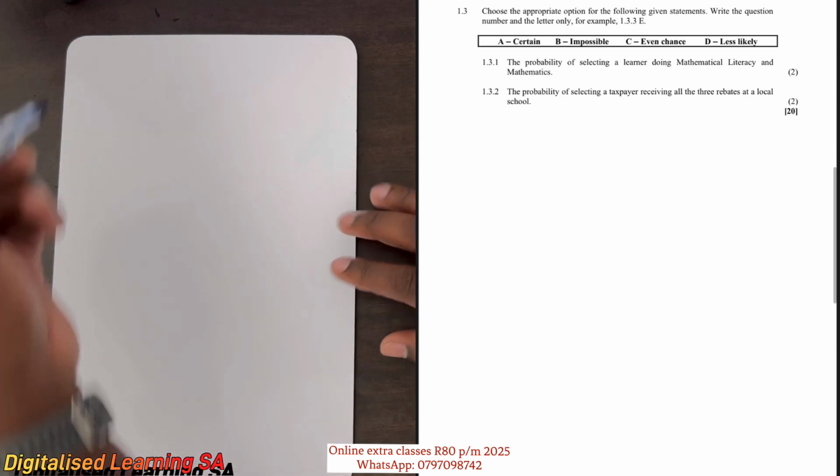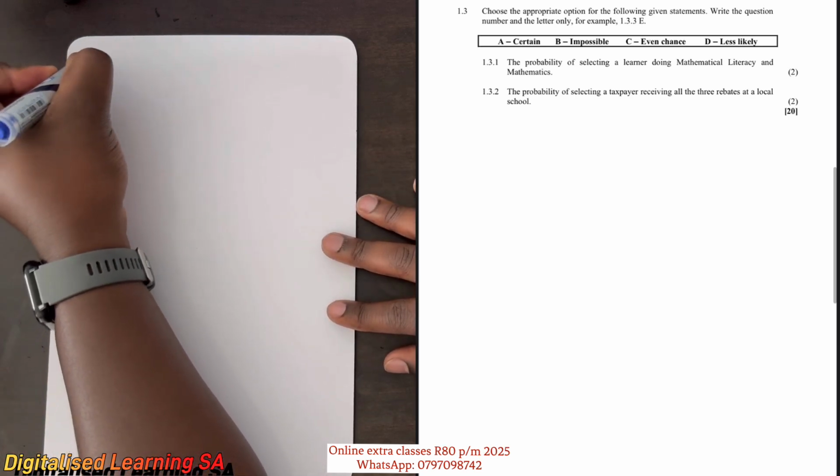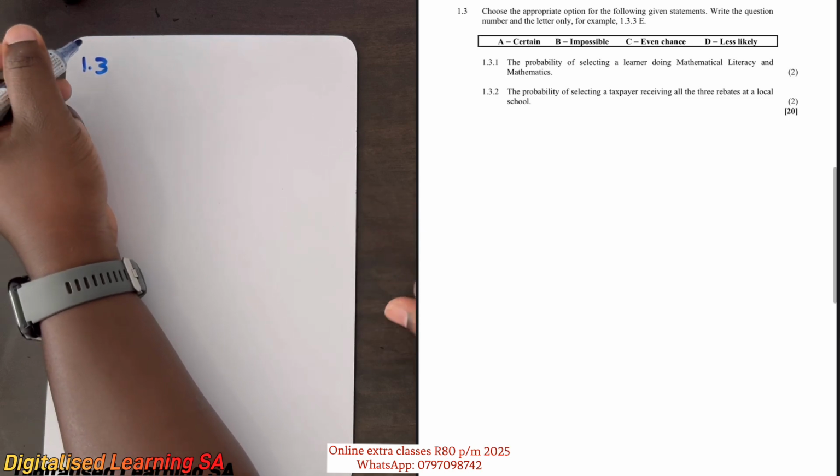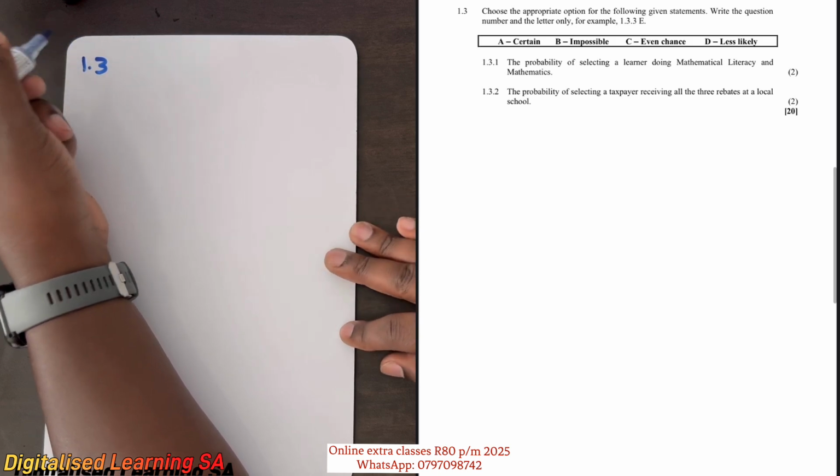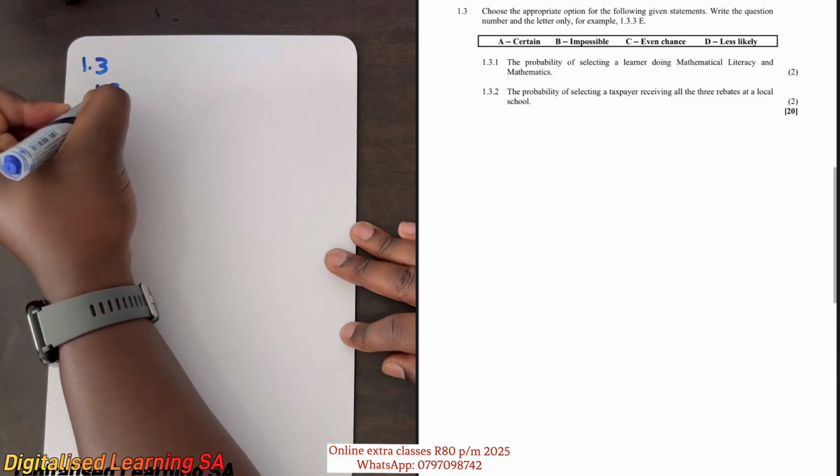We are told to choose the appropriate option for the following given statements. Write the equation number and the letter only. For example, question 1.3.3 is equal to E. Okay, so now let's go ahead and answer our questions.